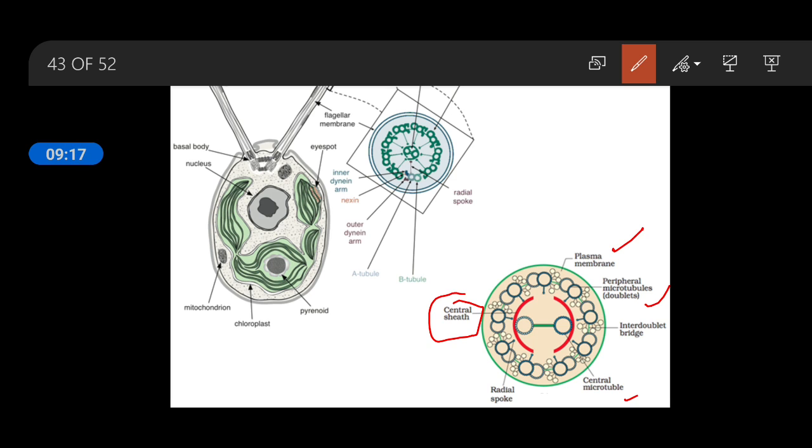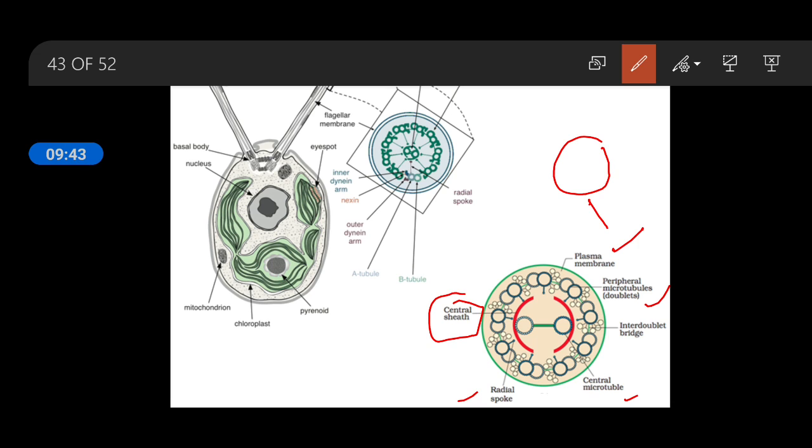Okay, and from each A microtubule of the doublet one radial spoke is arising. These are the radial spokes you can see, and they are directed towards the central region. From each A microtubule one radial spoke arises, facing towards the center.